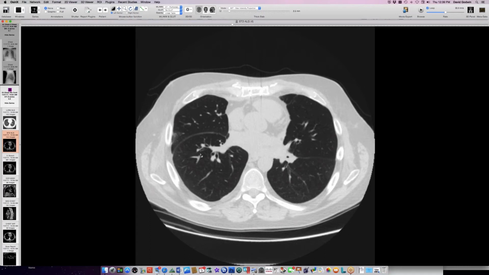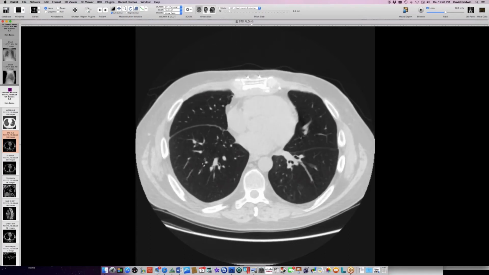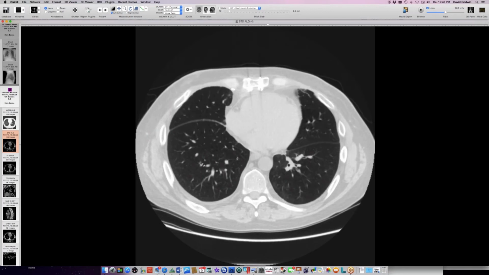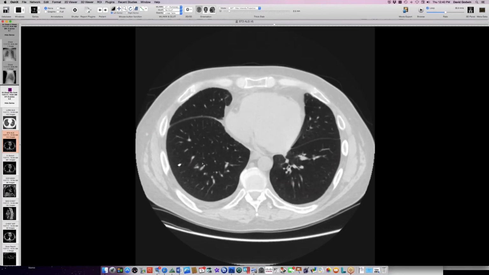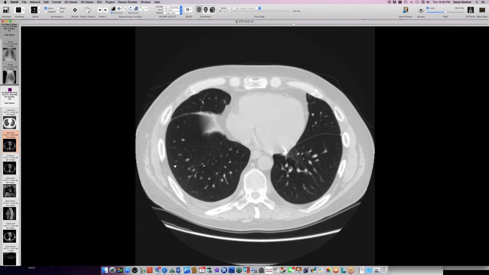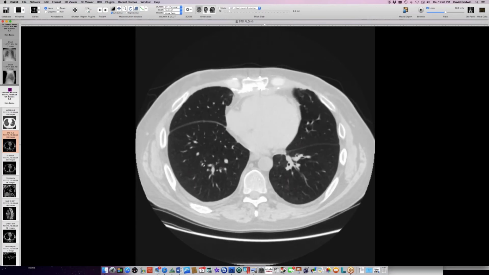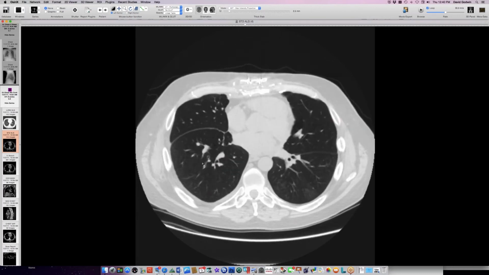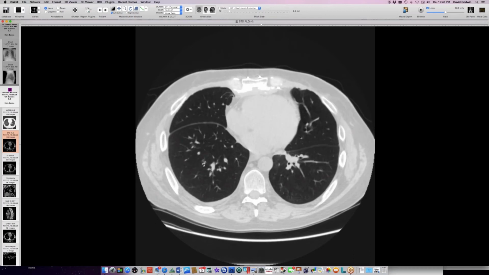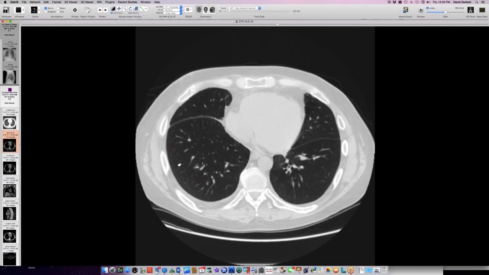So here's the vessel. Let's just keep following that vessel. I think it's a vessel. Yeah, just by its continuing the course of a precursor vessel that's moving right toward it. So I would go with embolization here. I see. Yeah, and it looks like a little arteriole. There's a bronchus more centrally next to it.